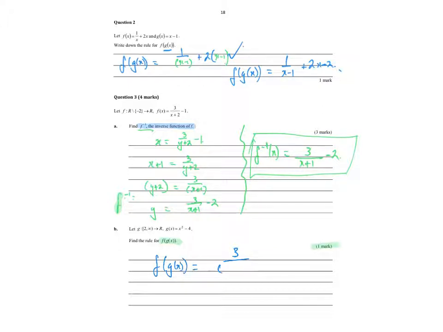X in this case is going to be x squared minus 4. So there's x plus 2, don't forget minus 1. So then f of g of x is going to be equal to 3 over x squared, negative 4 plus 2 is minus 2, minus 1. 1 mark, that's all we're looking for. Don't have to worry about anything nice or clever.